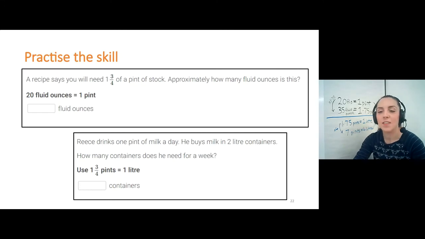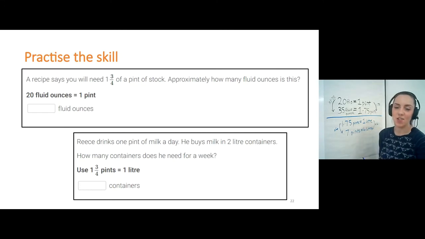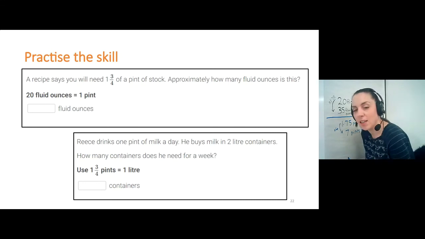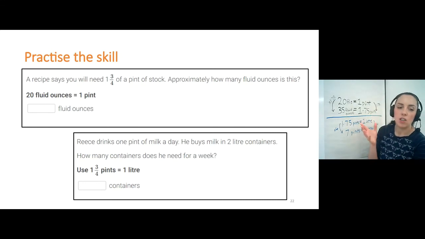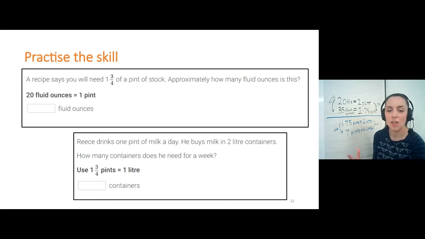I've probably left the trickiest question to the very last page here because you have to think about it logically a little bit. So if he drinks 1 pint of milk a day and he buys milk in 2-litre containers, how many containers does he need for a week? We need to know how many pints he drinks in a week. So if he drinks 1 pint a day, then it'll be 7 pints a week.